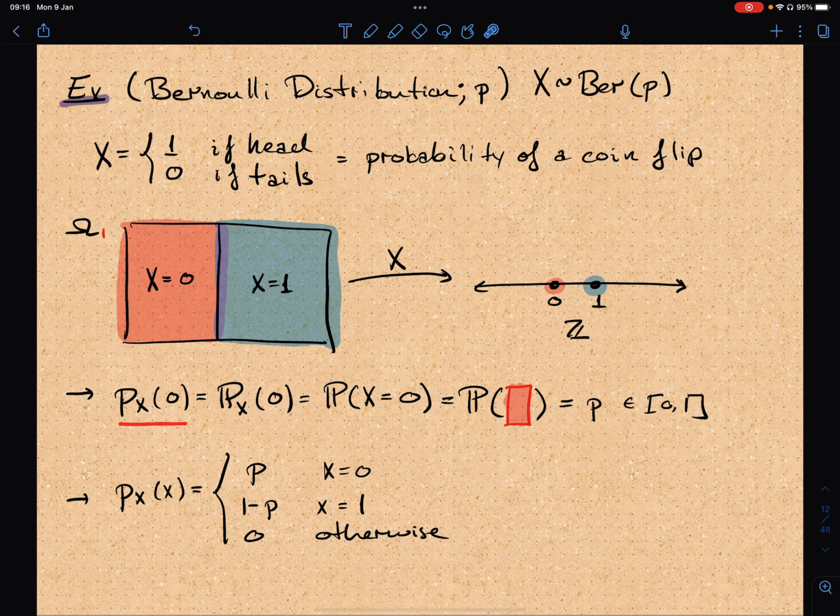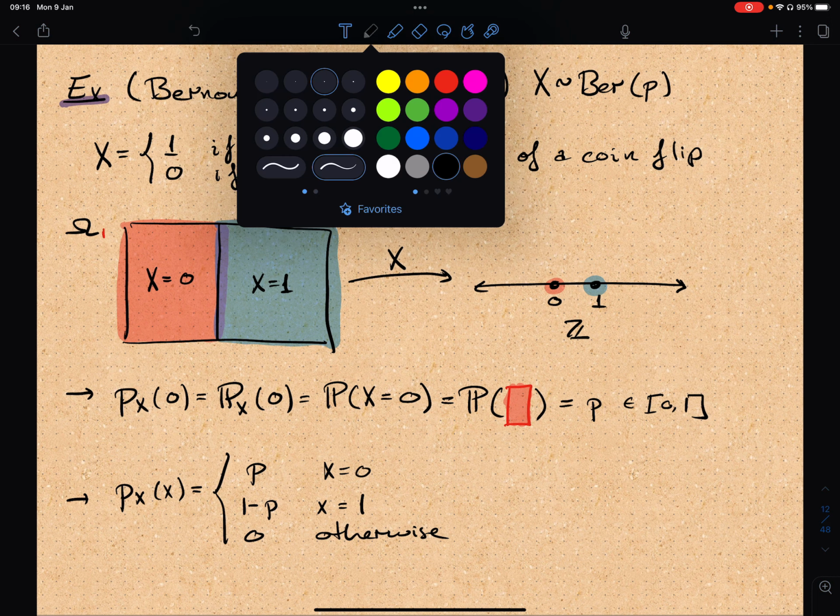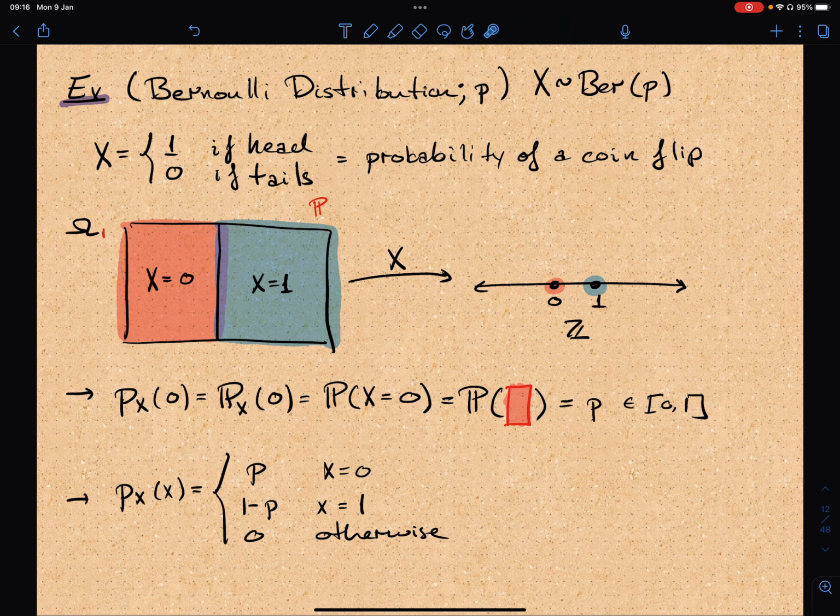The probability distribution, again, is the induced probability function of X, which is just the probability of the event X equals 0. We look at the pre-image of this event, which is this region, and the probability function is defined on this outcome space. So it's going to be the probability of this region, which is just some number between 0 and 1.